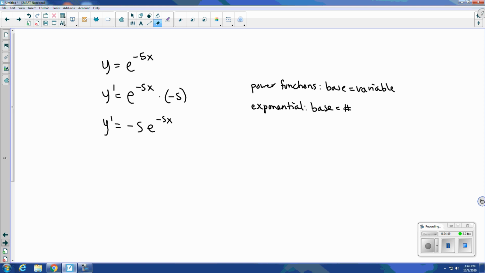And with power functions, we can use power rule. For here, cannot use power rule. They have their own set of rules that I gave to you in class. So don't confuse those two. Make sure you're using the right rule for each one.